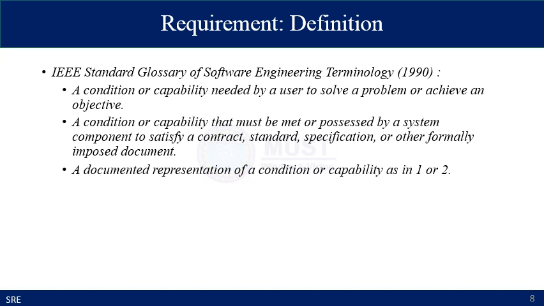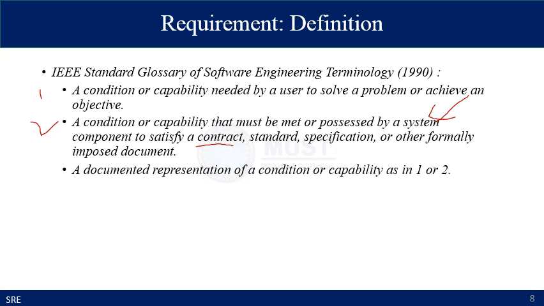So as per the IEEE standard glossary of software engineering terminology 1990, a requirement is a condition or capability that is needed by any user to solve a problem or to achieve an objective. Similarly, a requirement is also defined as a condition or a capability that must be met or possessed by your developing system or the component of your system to satisfy a contract, which is usually between two parties.